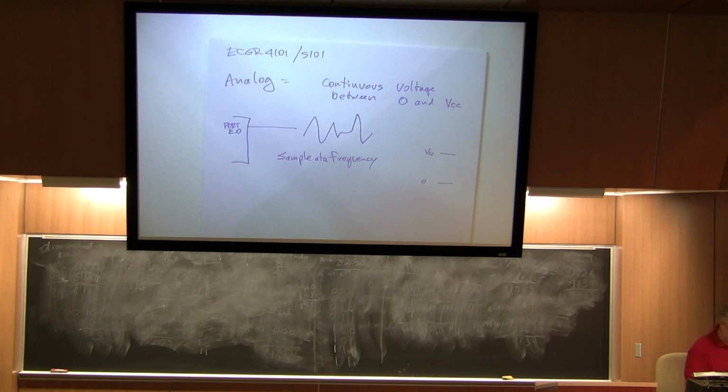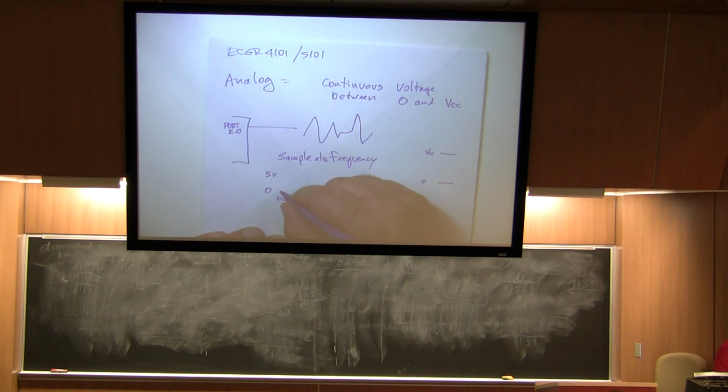So imagine this. If you have 0 and 5 volts, and you want to represent this with 2 digital bits. So your digital bits are going to be either 00, 01, 10, or 11.